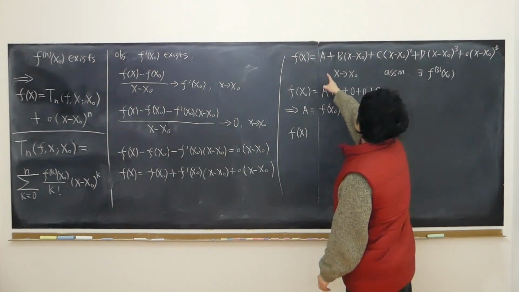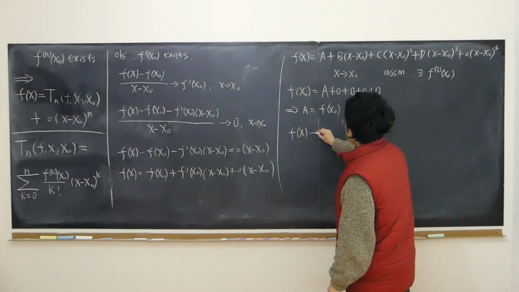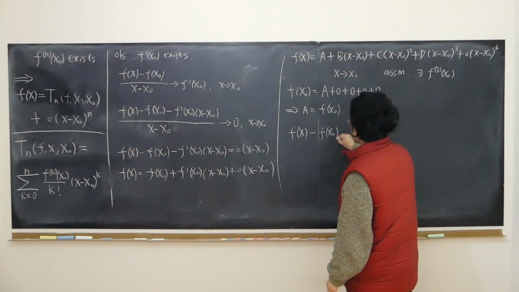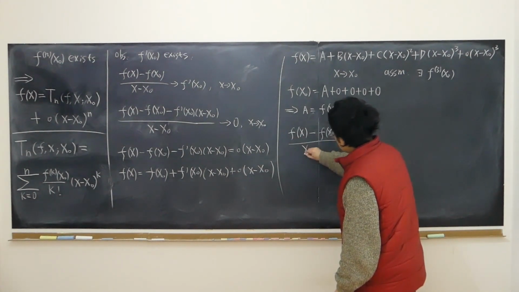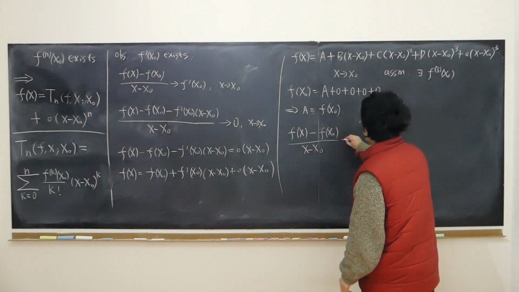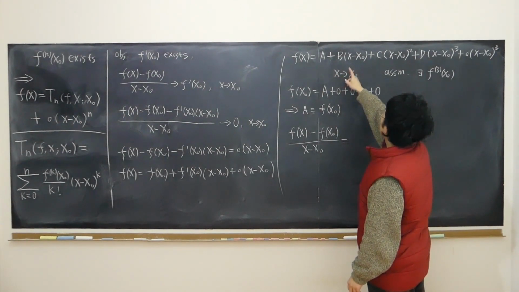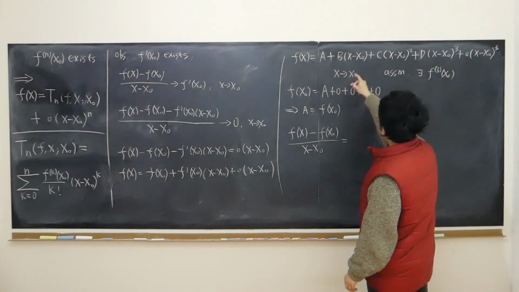Let's also move A to the left-hand side: minus A, which is f of x naught. Then we divide everything by x minus x naught. On the right-hand side, there's no more A, and this divided by x minus x naught, we're only left with B.